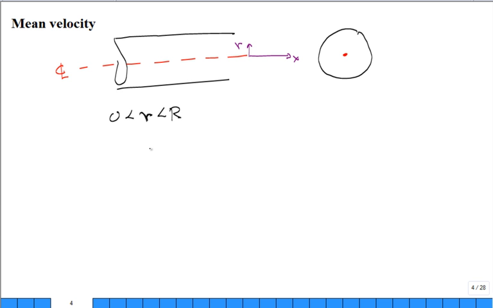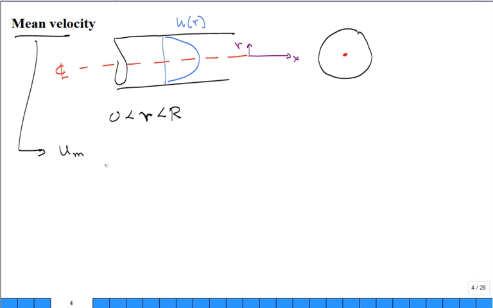We know that we're going to eventually be able to solve for u as a function of r, so we'll have that velocity profile. But we just want to know what is the equation for the mean velocity, u_m.